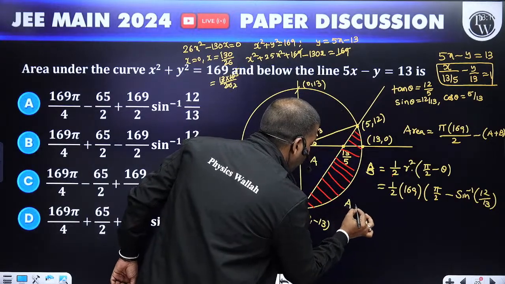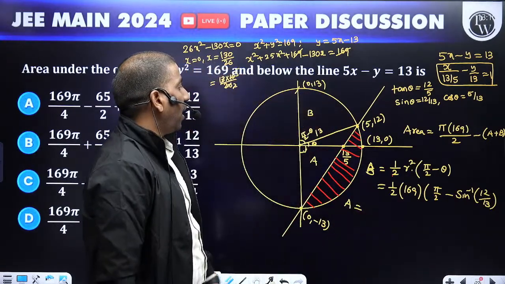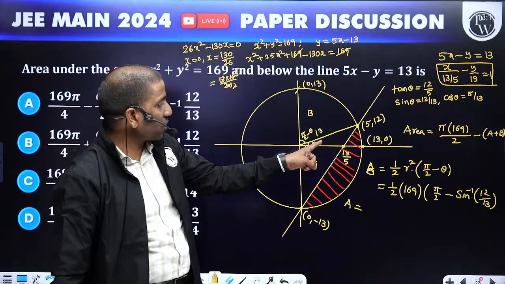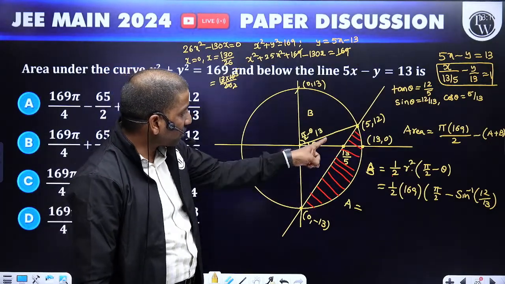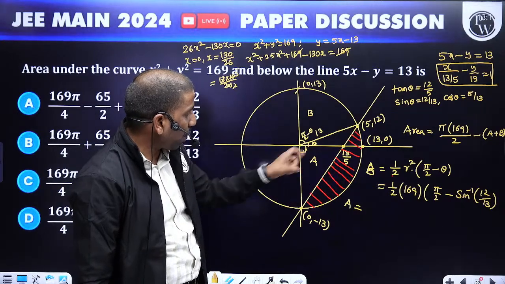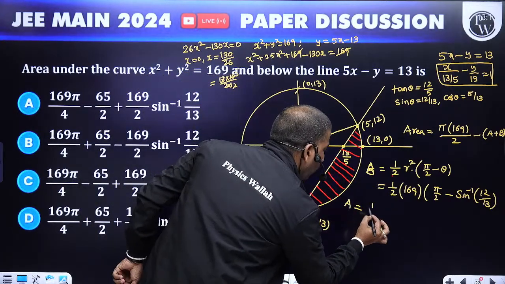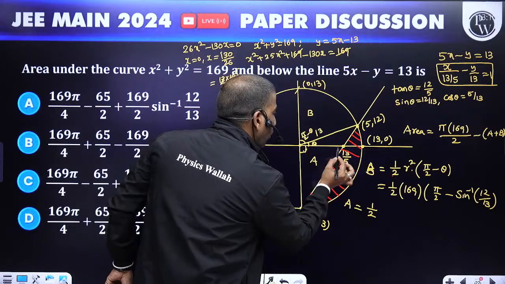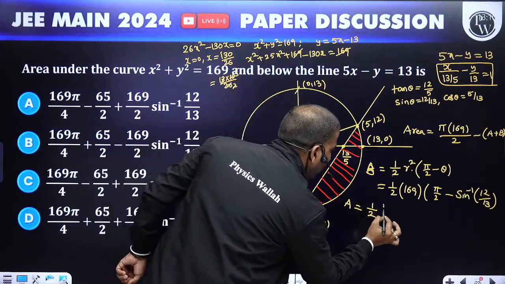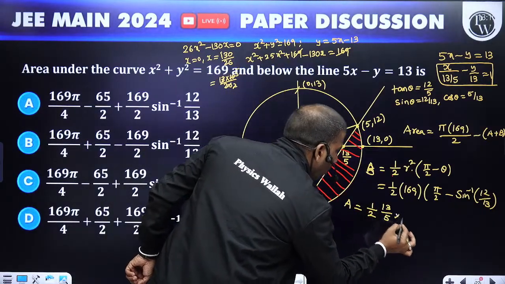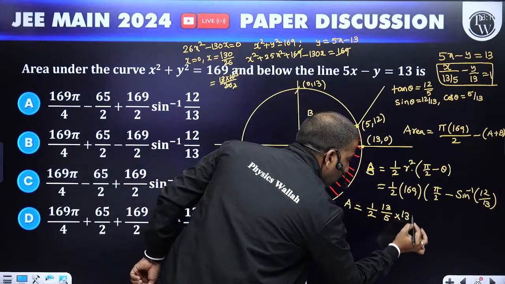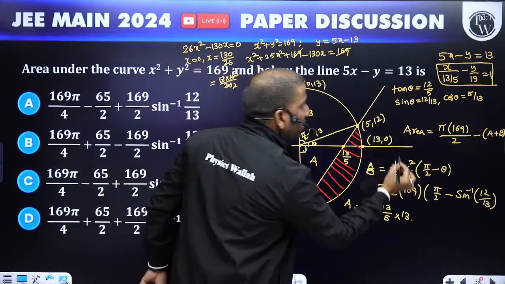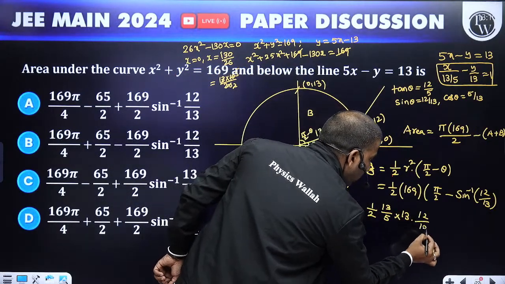Next, A. Different ways we can write A. This is one triangle and this is another triangle. For the upper triangle, what is this side here? This length is 13 by 5 and this side is 13, and sine theta is 12 by 13.